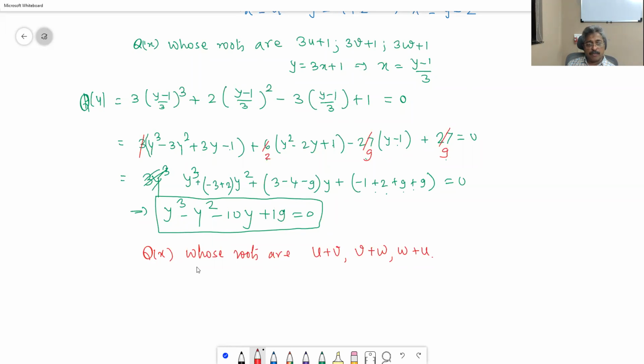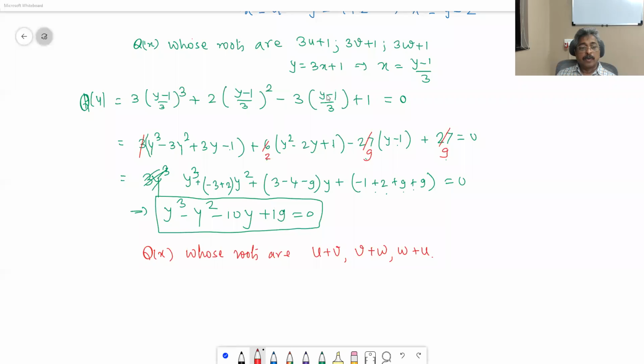Next problem is q of x whose roots are u plus v, v plus w, w plus u. Find q of x. Okay, let me give you a hint. Now, p of x, let me write down p of x once again because it is long back.